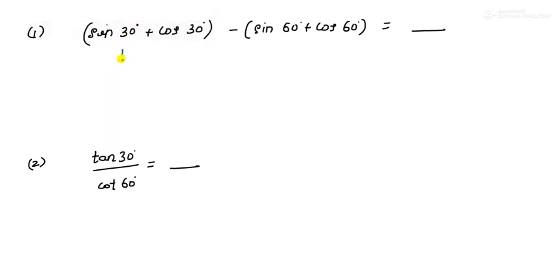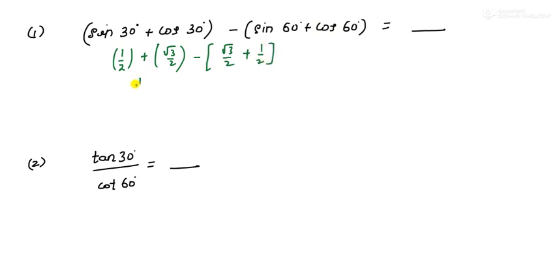It is 1 by 2, correct? Next, this is getting added with cos 30. What is cos 30? It is root 3 by 2. Minus sine 60, write it in brackets since you have a minus sign there. It is also root 3 by 2, and plus what is cos 60? It is 1 by 2.